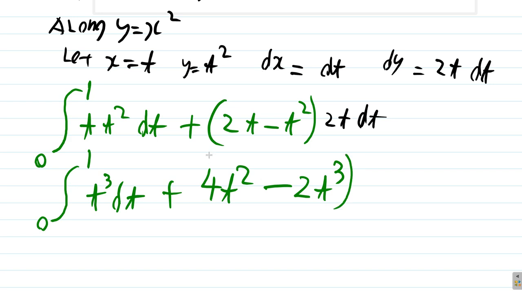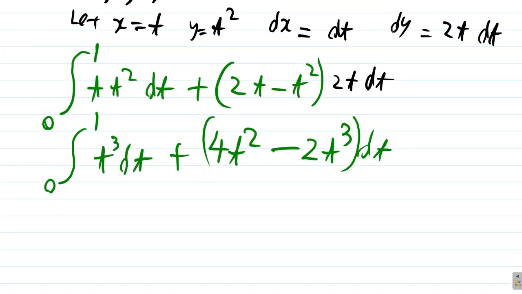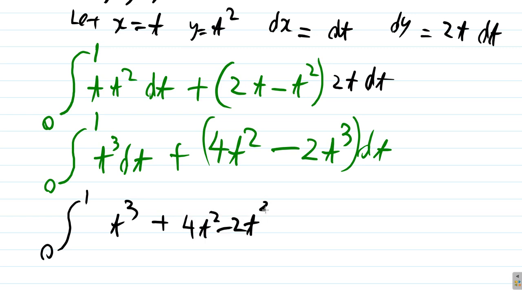Alright, all that at dt. Let's factor out the dt. You have the integral from 0 to 1 of t cubed plus 4t squared minus 2t cubed dt. Alright, nice.